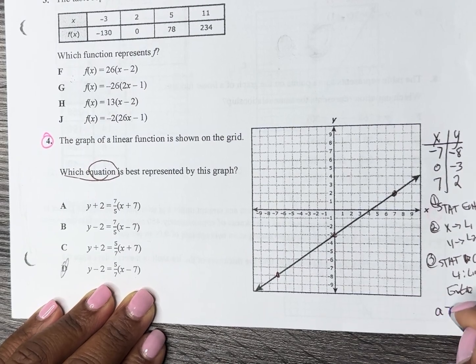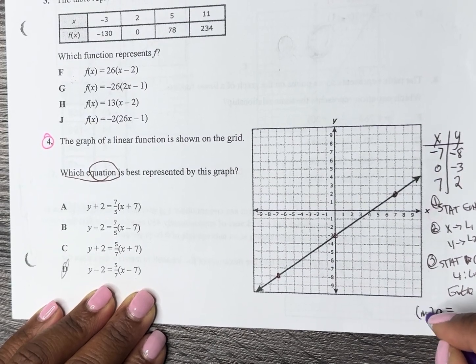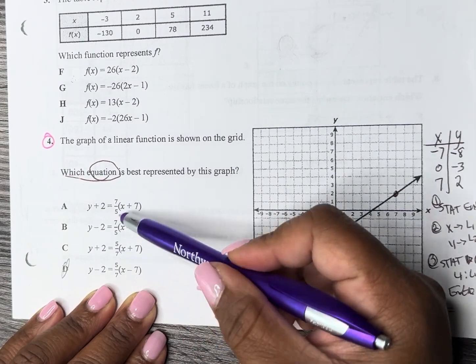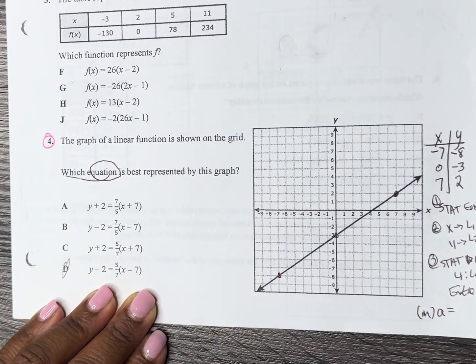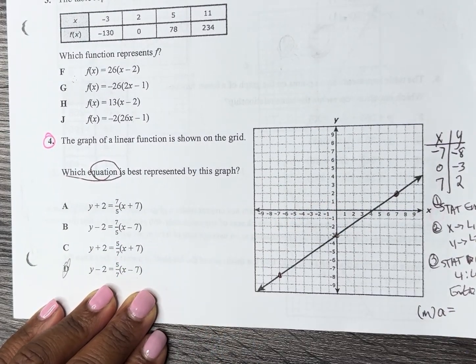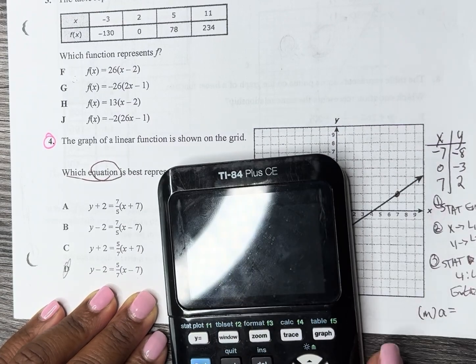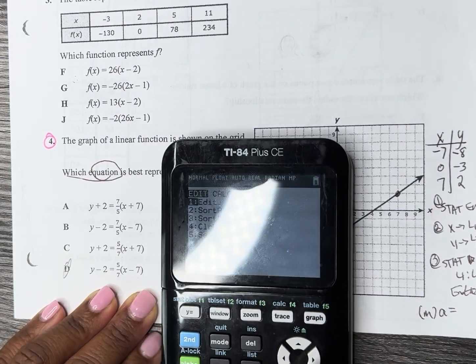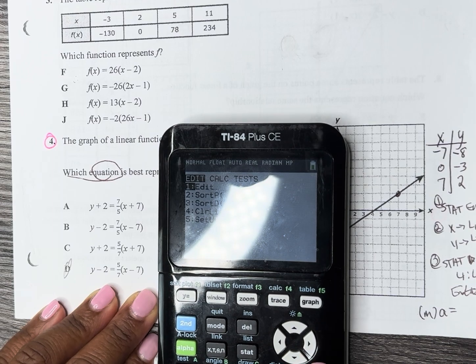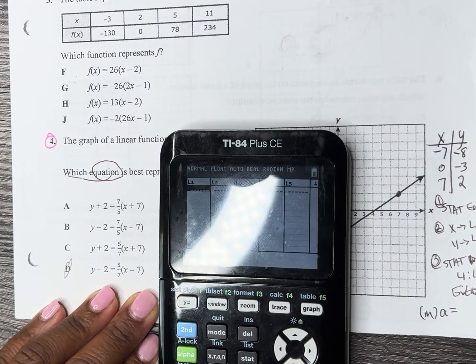What you want to pay attention to is the A, because remember that's the slope, and then that'll help you narrow down which one of these we're working with. It'll give it to you in decimal form.